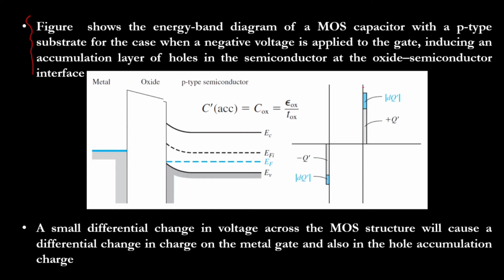This is the oxide layer, and the thickness of the oxide layer I can take as Tox. On the other side the positive charge accumulates, represented by this small stick, and the blue portion means the differential change in the input voltage leads to a differential change in the charge accumulation.